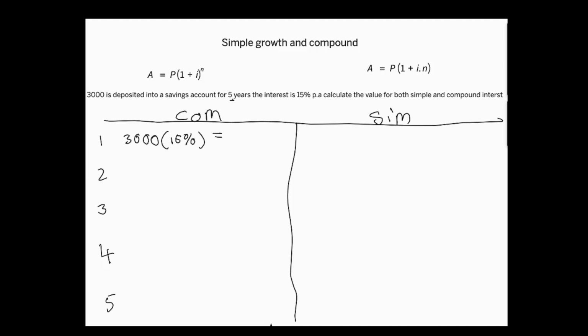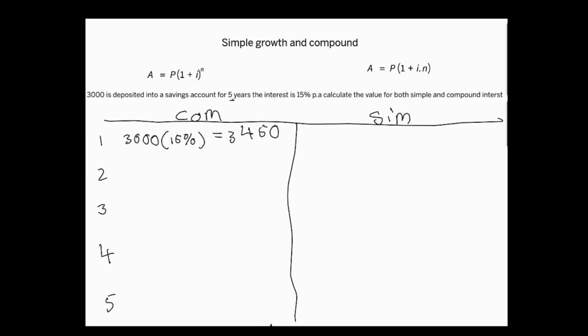So initially you put in 3,000 Rand, and then they're gonna give you 15% of that, right? Which is 450 Rand plus 3,000 Rand. So in the first year, you would get 3,450 Rand. Because we are compounding the interest, right?